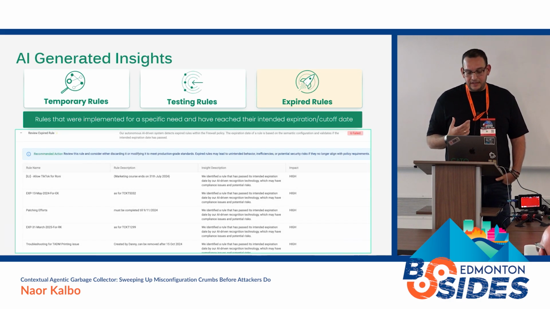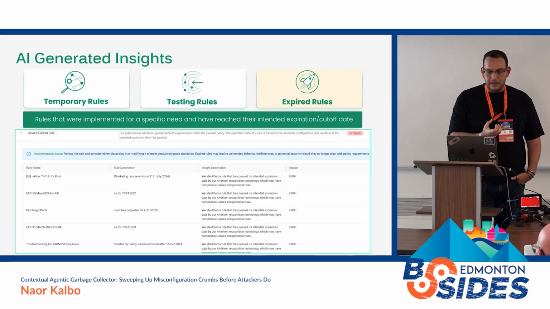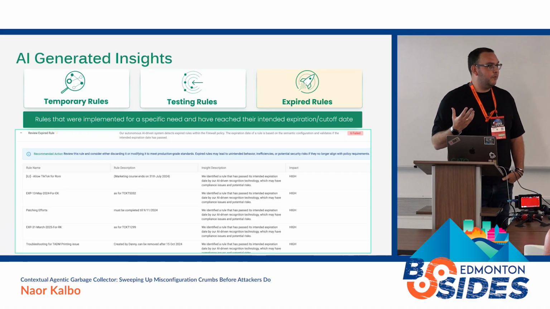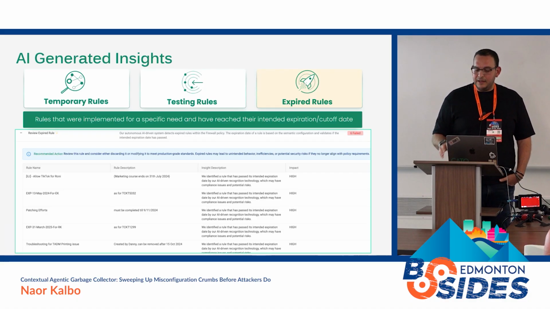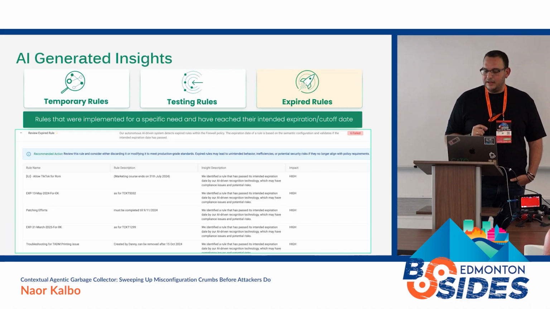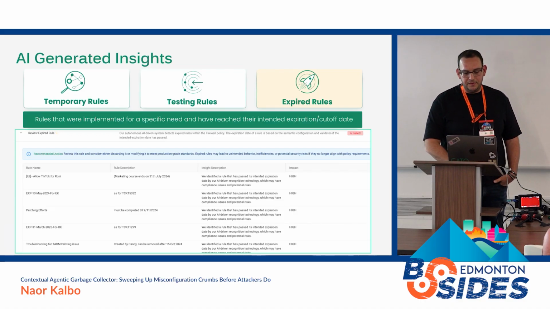So this cutoff date could be tied to an exact date, a period, or even conditioned by some event, right? And this is actually pretty fascinating because it's something that is very hard, even impossible, to capture with traditional heuristic methods.